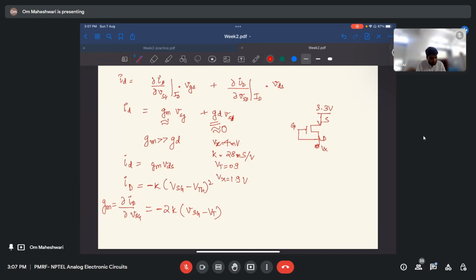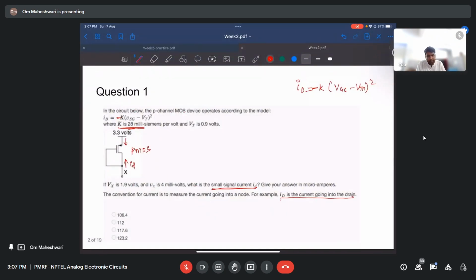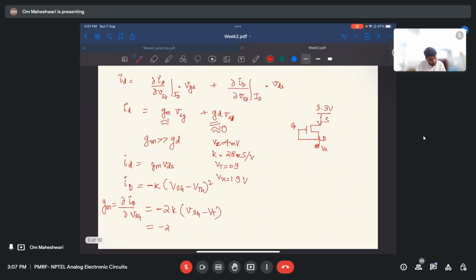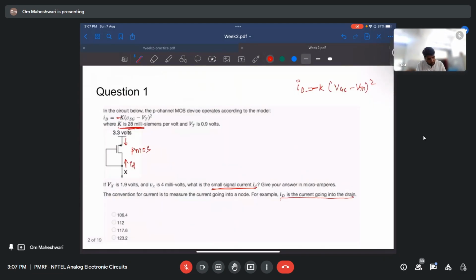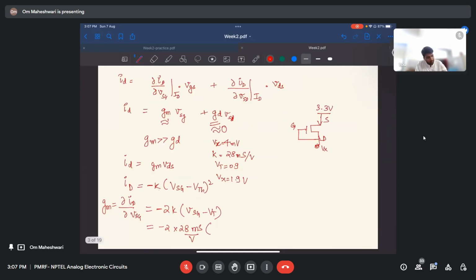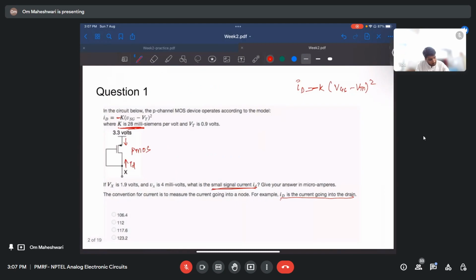So now we will just substitute the values. It is minus 2, and K is given as 28 millisiemens per volt. Let us calculate VSG first. This is the source and this is the gate, right? And we have been given Vx is 1.9 volts.